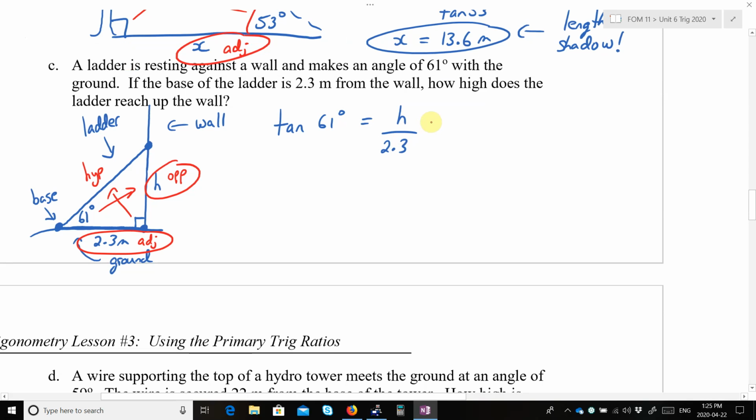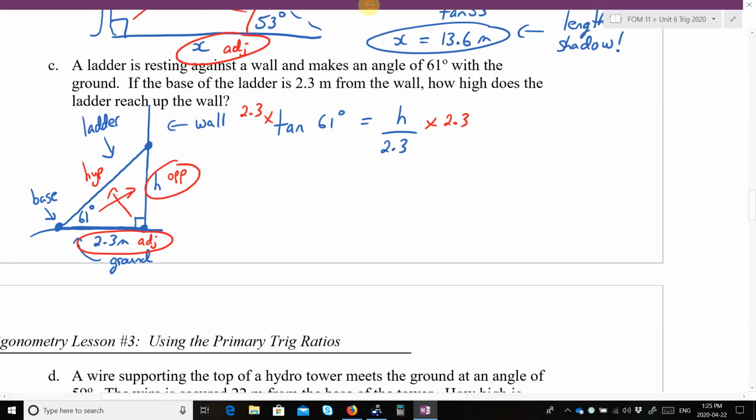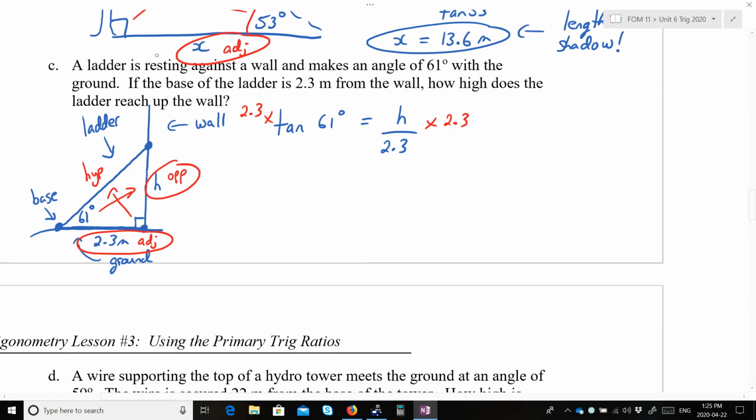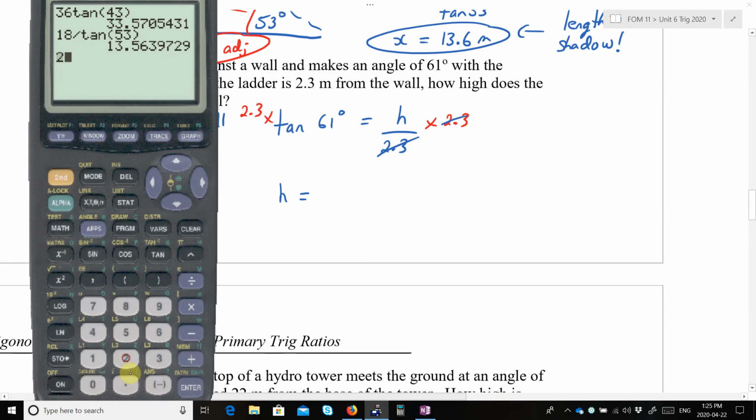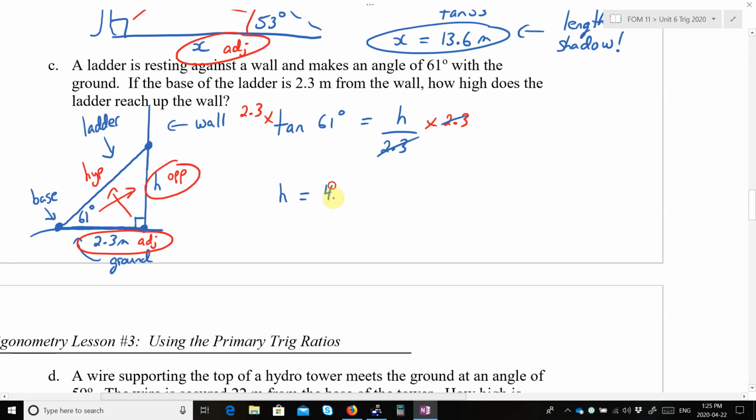And this is one of the easier ones to solve, right? H is being divided by 2.3, so we multiply by 2.3 to get back to H, and whatever you do to one side, you have to do to the other. Okay, H is by itself now. It's equal to 2.3 times tan 61. 4.1 to 1 decimal place.